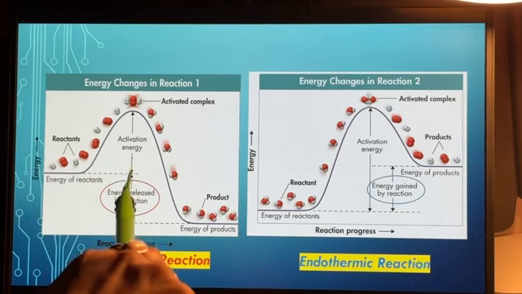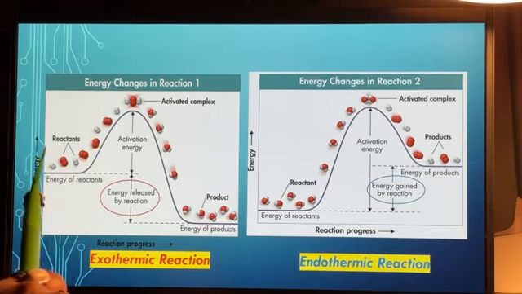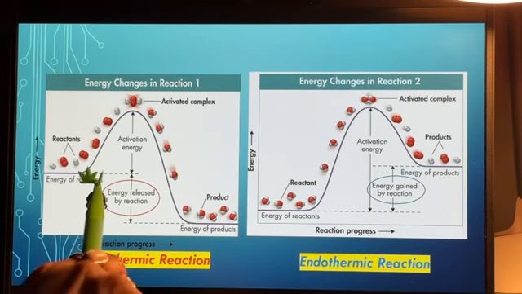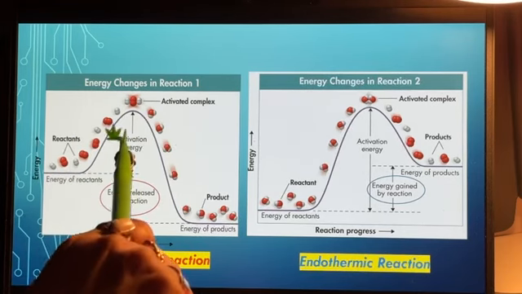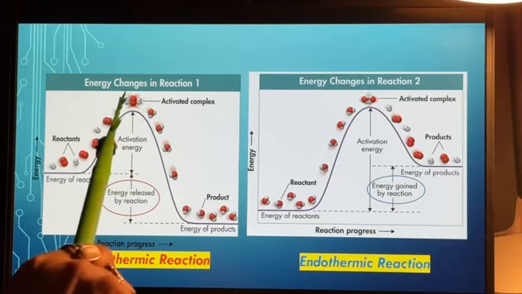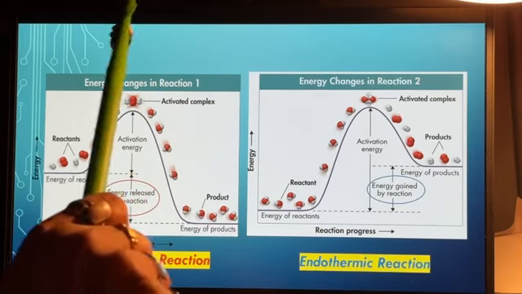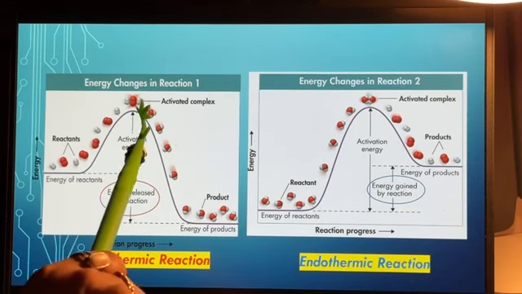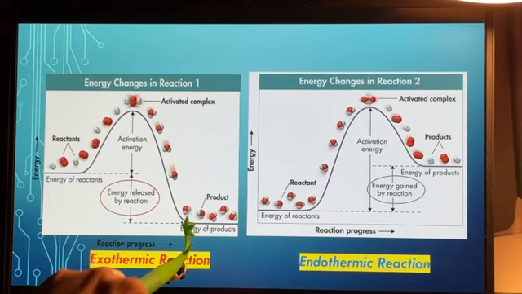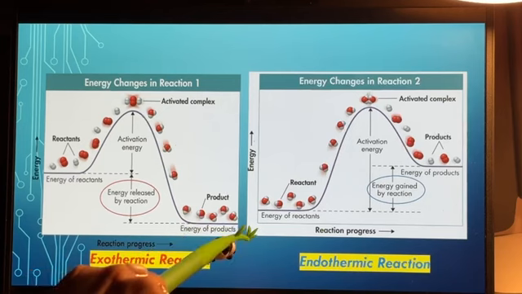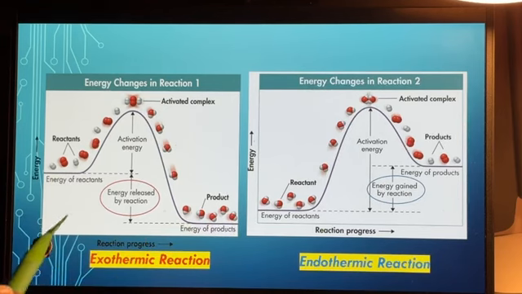This peak is the activation energy required by the reactants. When they have enough energy and overcome this barrier, you can see on top of the peak they form an activated complex. After they reach the activated complex, they fall back and form the product. If the energy of the product is lower than the energy of the reactant, then we say it is an exothermic reaction.